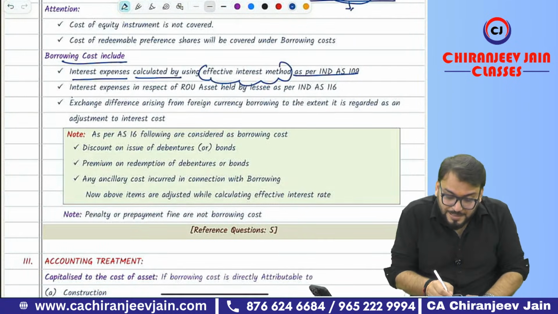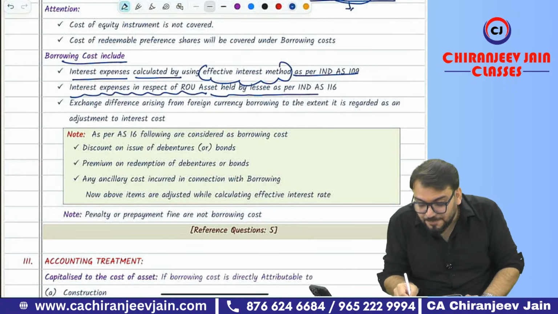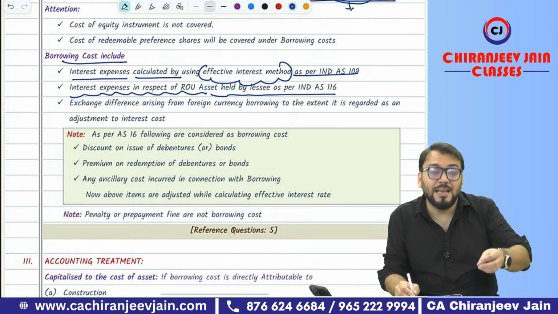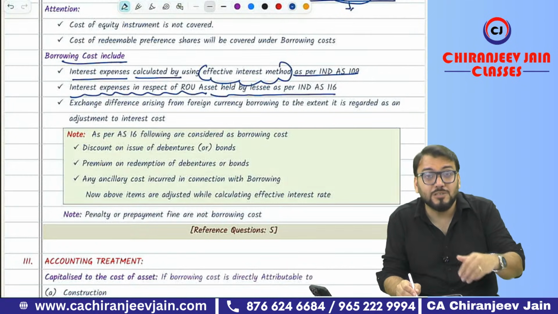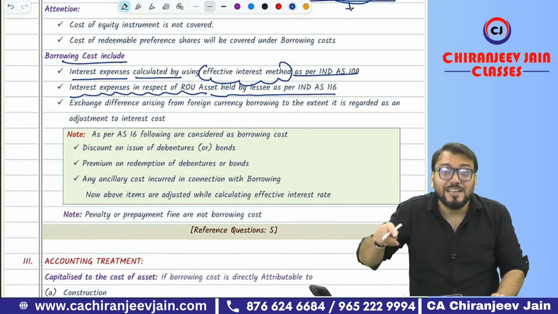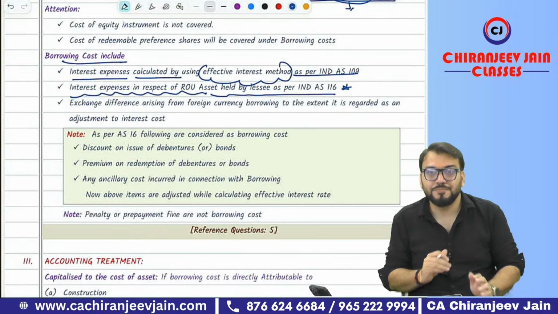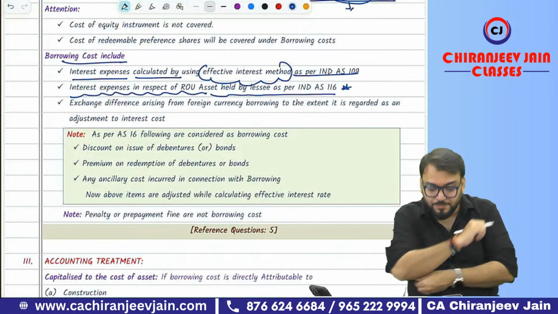Understood? It also includes interest expense in respect of ROU asset held by lessee as per Ind AS 116. Whenever a lessee holds an ROU asset, there will be a lease liability in the books of the lessee, on which we also calculate interest expense, but that will be discussed under Ind AS 116. We will not discuss this part now.